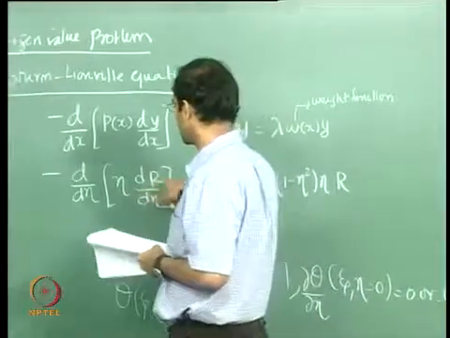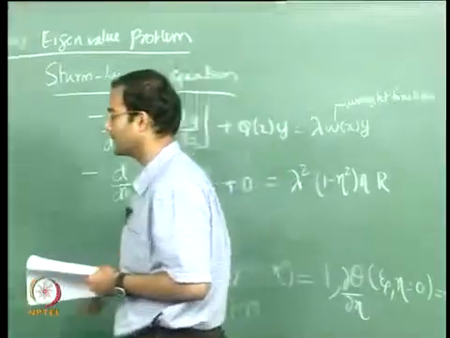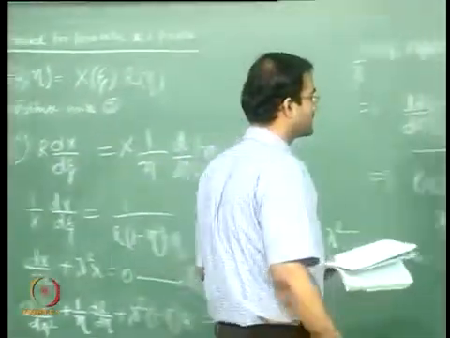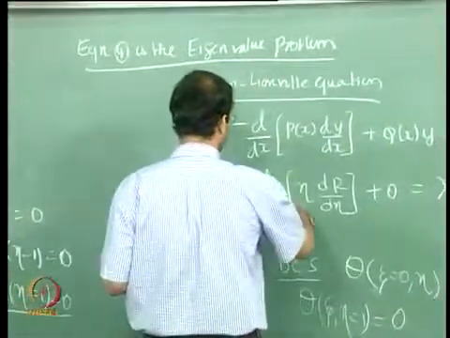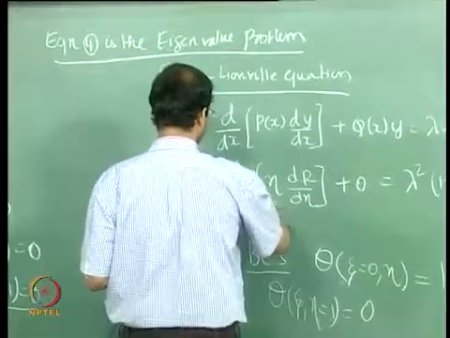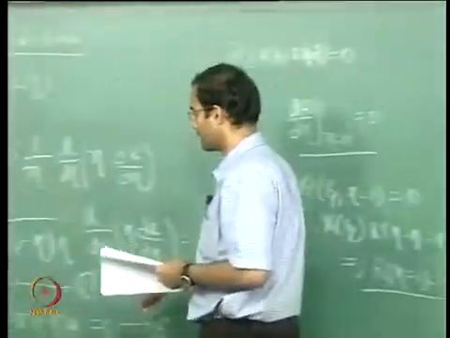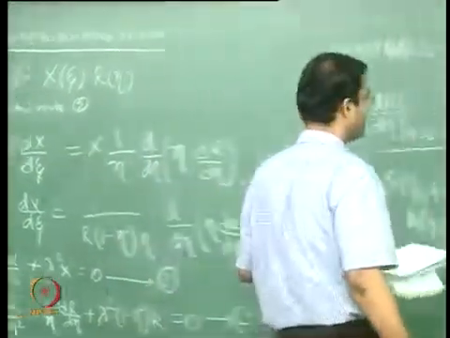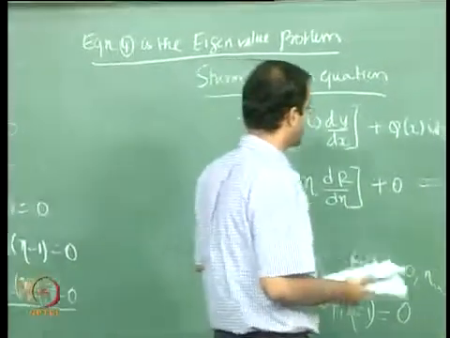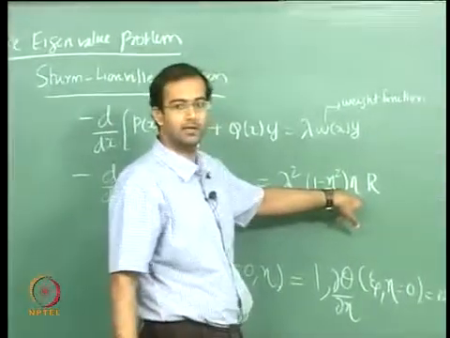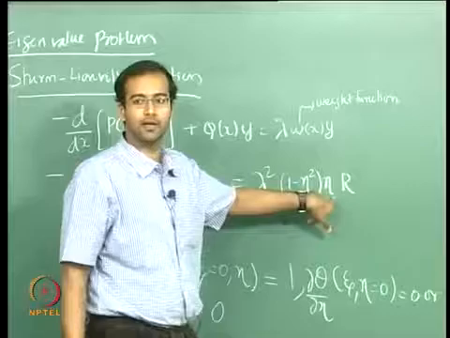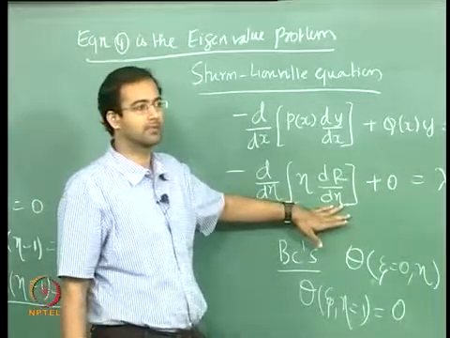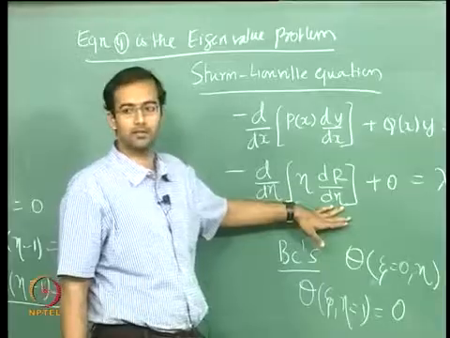So this is eta into d square r by d eta square, plus you have dr by d eta. I am multiplying everywhere by eta, plus you have lambda square 1 minus eta square into eta r. So I can write that equation in this particular form. So this comes to a Sturm-Liouville kind of an equation.